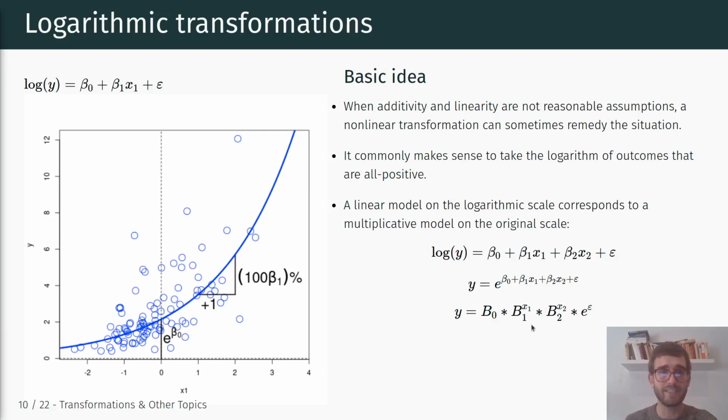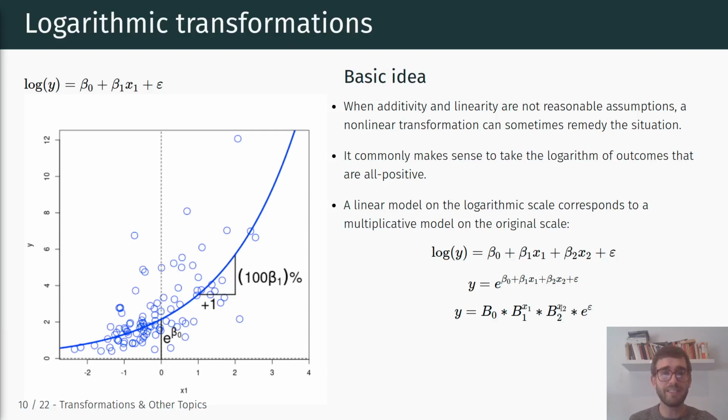The key here is that initially on the log scale we have an additive model where each of the predictors is included in an additive fashion. But then if we transform that back to the original scale, we see that now each of these predictors impacts the outcome measure as part of a multiplicative model, right?